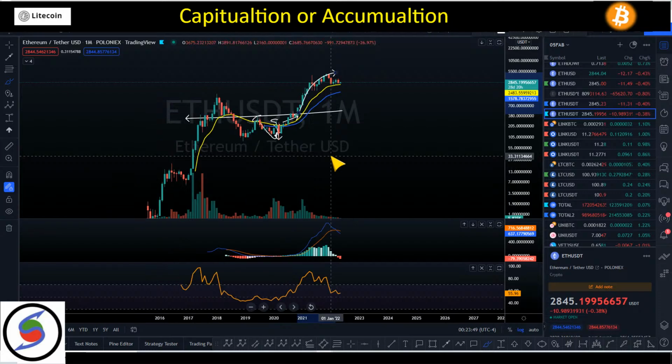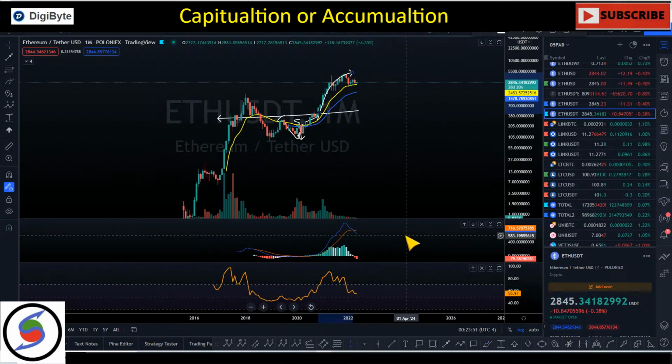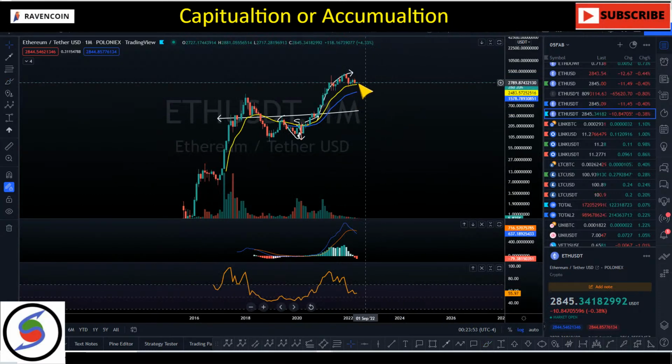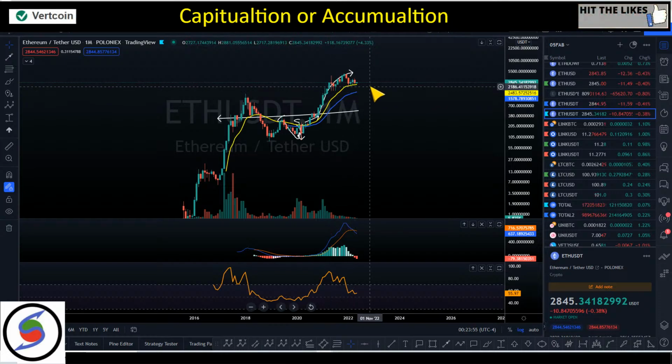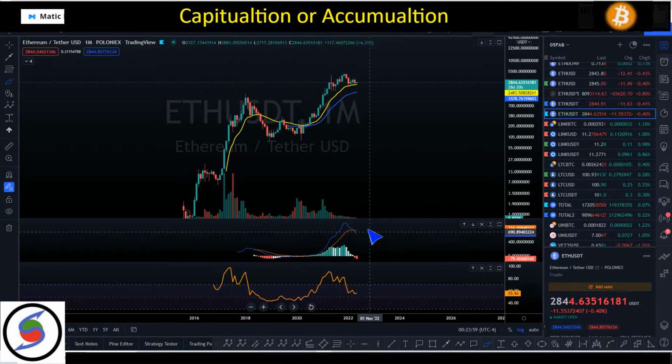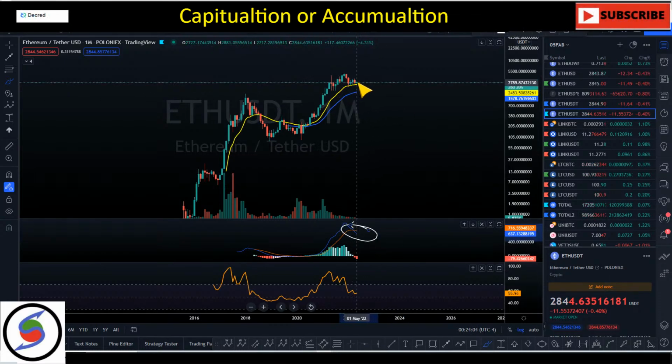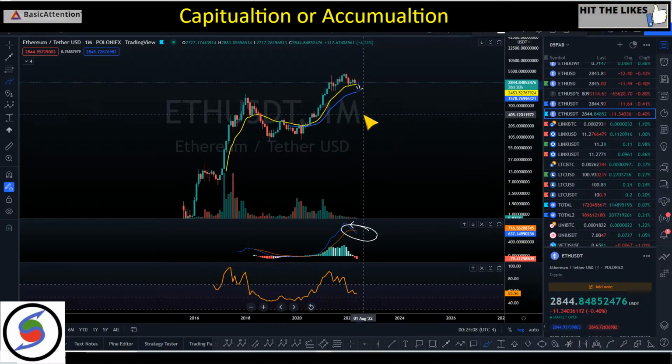So Ether, the directional trend, even though we're still above the 21 EMA, as I just showed you, MACD is negative. Price action is still above the 21 EMA, but it could drop below it, and if it does, that could be pretty significant.